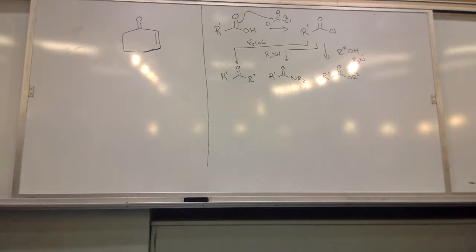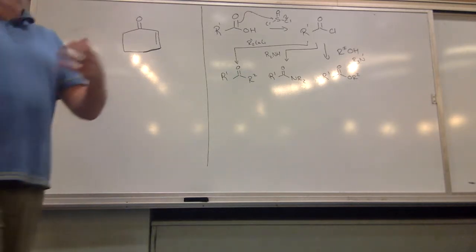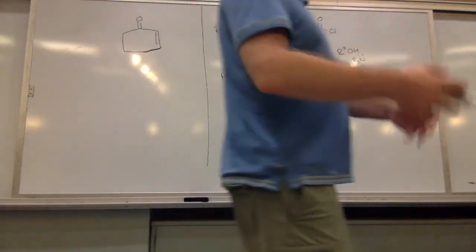Now, one of the things that we haven't really discussed too much about alkenes is, for the most part, we've treated alkenes as nucleophiles. In virtually all the reactions that we've seen with alkenes last semester, you treat it with an acid, you treat it with HBr, it gets protonated, it then reacts with bromide.